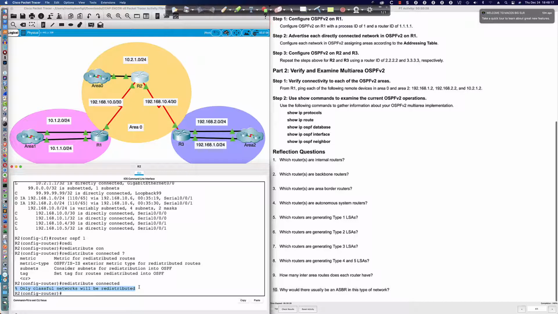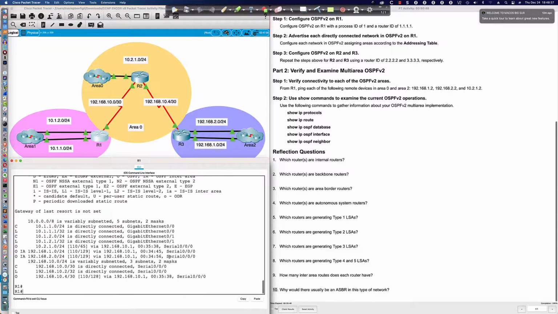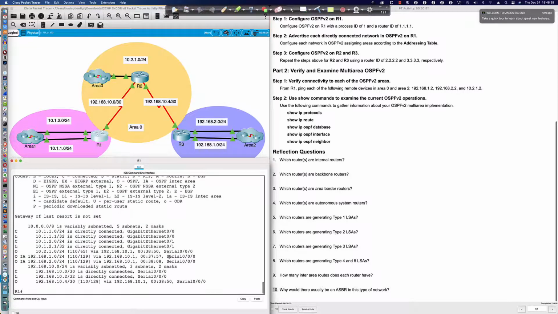If it's a 172.16.39.52, if the subnet mask is not 255.255.0.0, class B, OSPF without that subnets keyword is not going to advertise it. And I'm proving that to you right now. Let's come back to router 1 and let's see, where's that 99 network? I just redistributed it into OSPF.